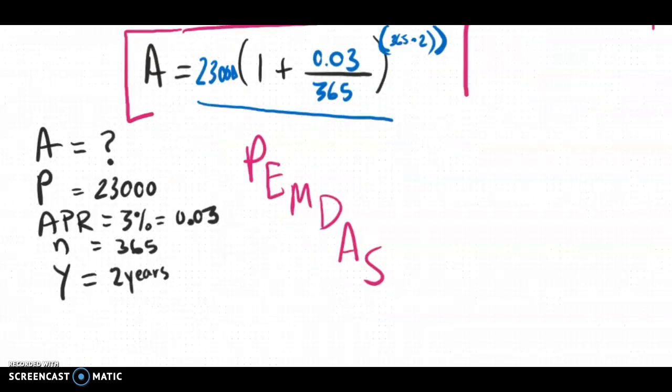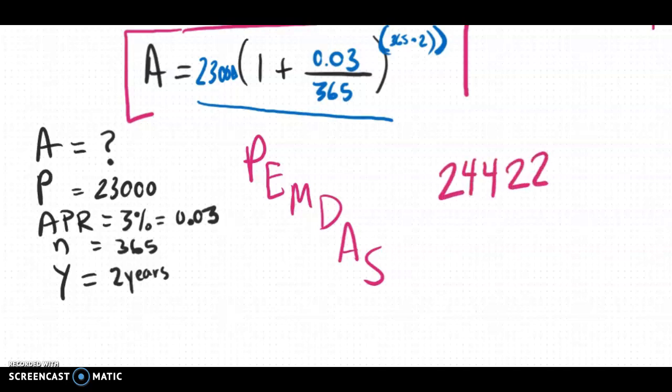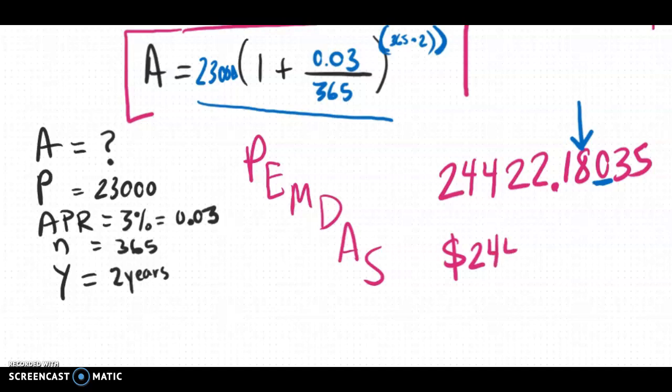The answer I get is 24,422.18035. But like I just said, we want to round to the nearest cent. So I'm going to look one to the right, and since that is less than 5, I'm going to keep the 8. If it was 5 or more, I'd round this number up to 9.